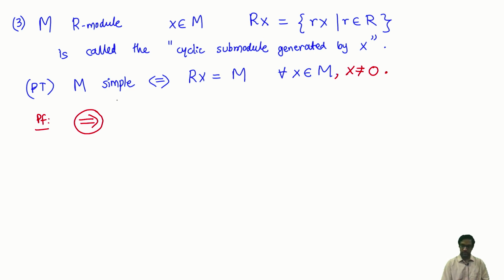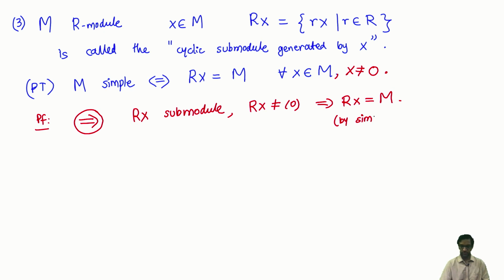So if M is simple, then Rx is a submodule and Rx is not 0, because I have chosen X to be not 0. Therefore, Rx had better equal the whole, because there are no other submodules. This is by simplicity of M.